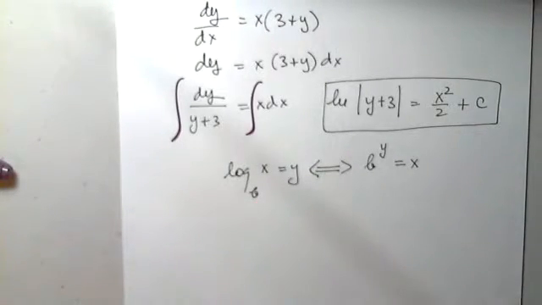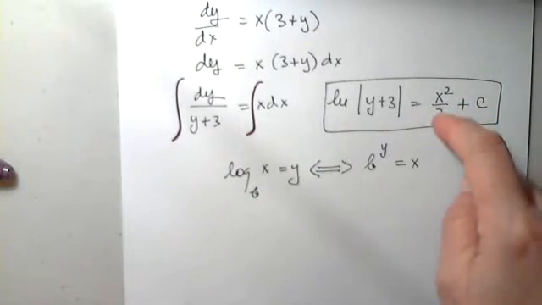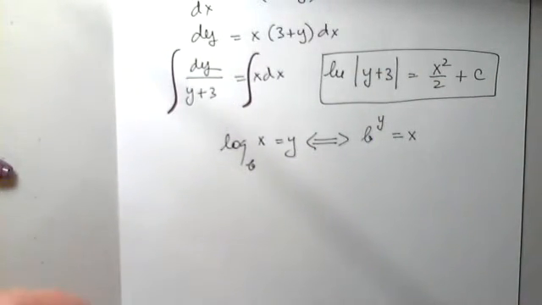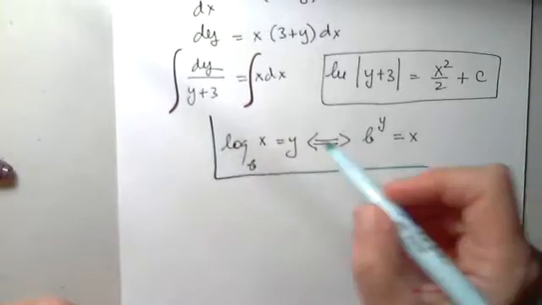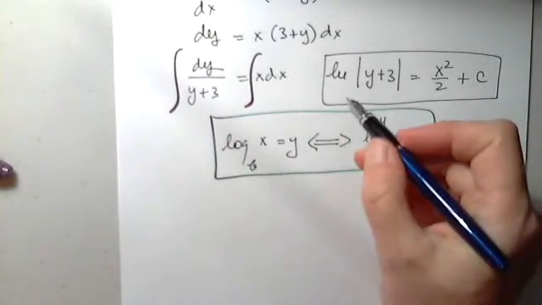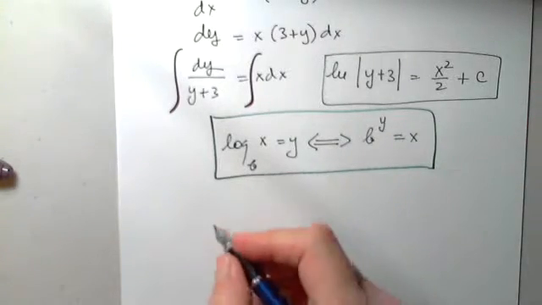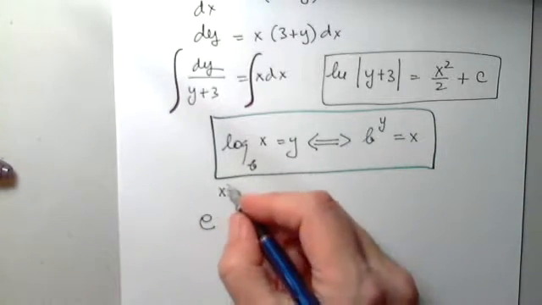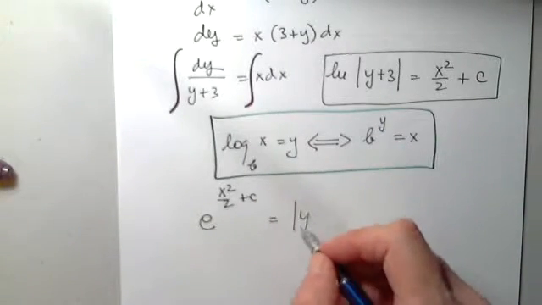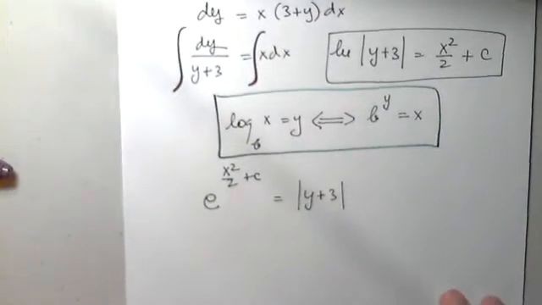I'm going to use this very important property right here to solve for y, because this equation is not solved for y just yet. So e raised to this power, e raised to x squared over 2 plus a constant c equals the absolute value of y plus 3.